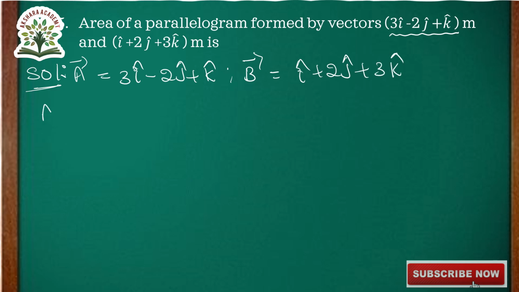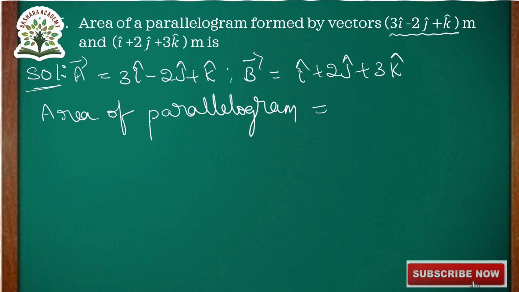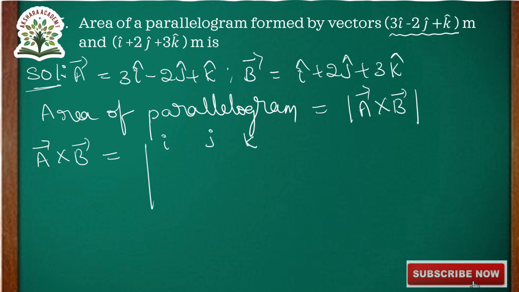Now we are finding the area of the parallelogram, that is equal to the modulus of a bar cross b bar. So first we are finding a bar cross b bar, that is equal to i j k, components of a 3, minus 2, 1 and components of b 1, 2, 3.